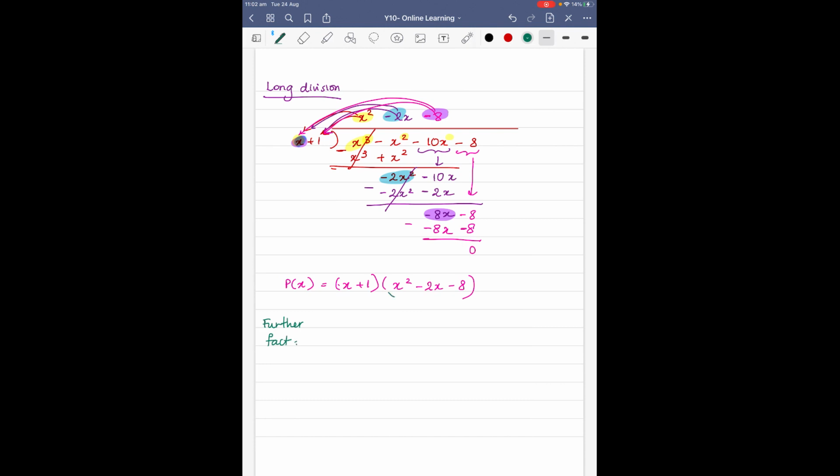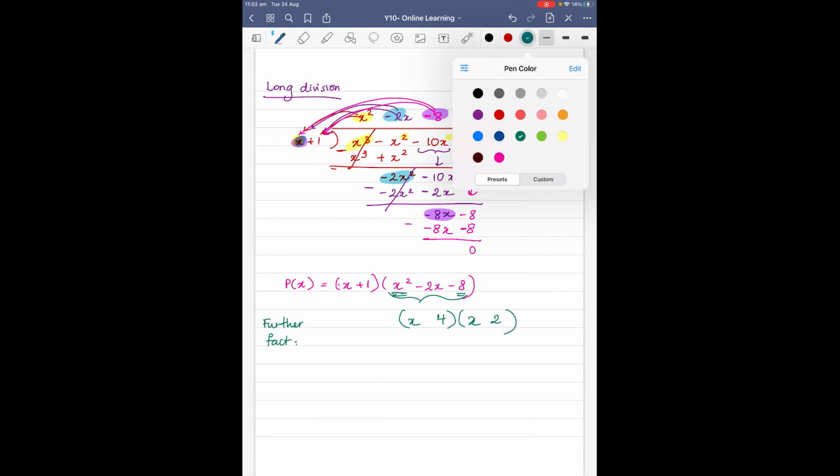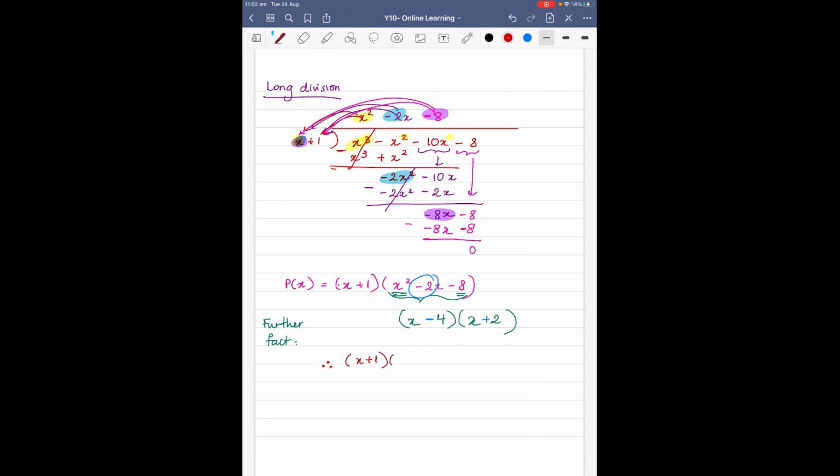Okay, so to further factorize, I'm going to open up two brackets. x times x gives you x squared. 4 times 2 gives you 8. We want to have minus 2, so minus 4 plus 2 gives you minus 2. So I'm going to rewrite: x plus 1, x minus 4, x plus 2 is the factorized version.